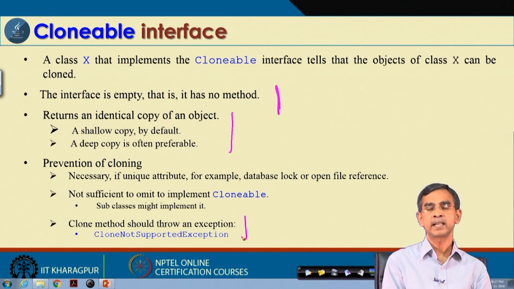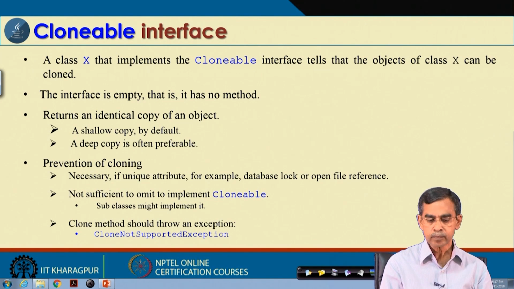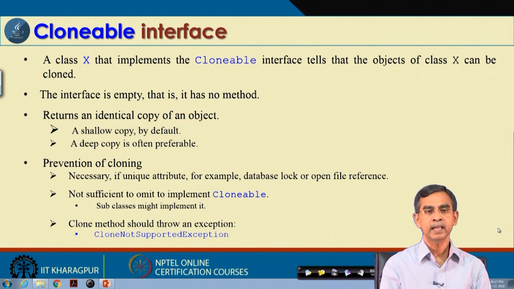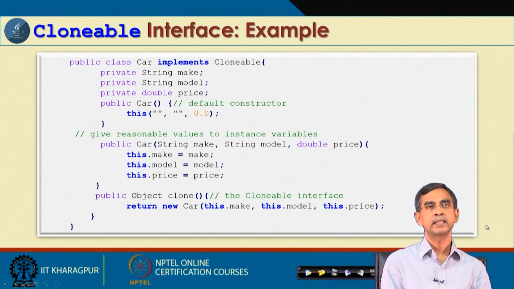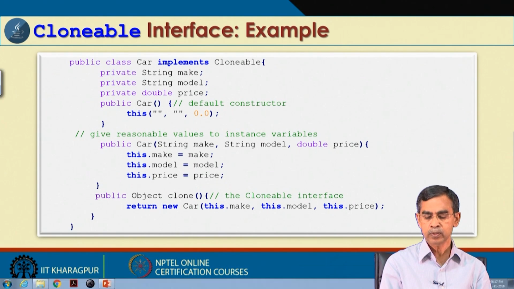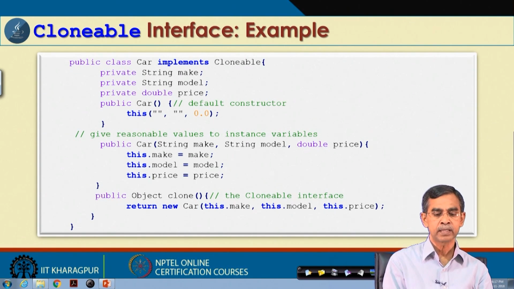If there is any mistake in copying an object, for example there may not be permission or the copy is not successful, in that case it will throw an exception, which is for preparing a robust program. So, this is the Cloneable interface, and here we can consider one example. This example basically shows how the Cloneable interface can be used.